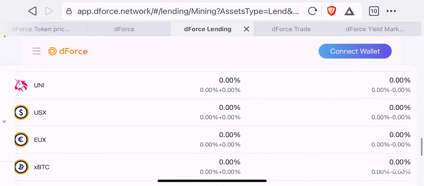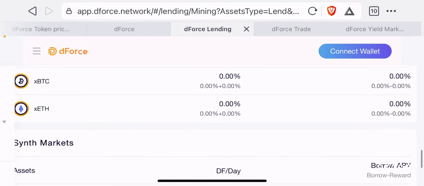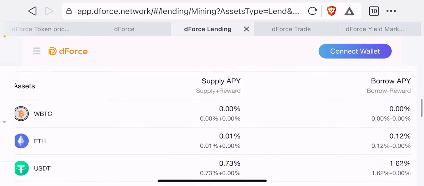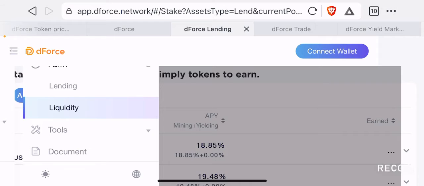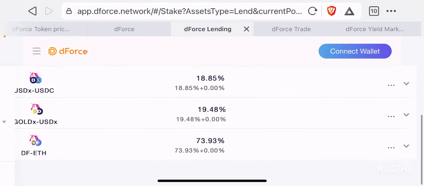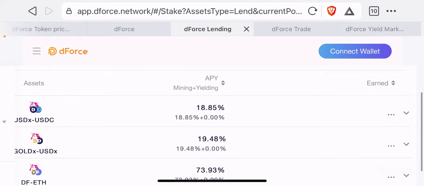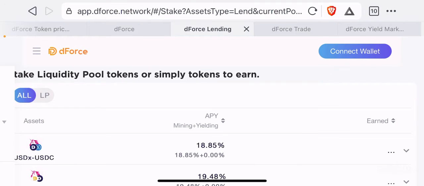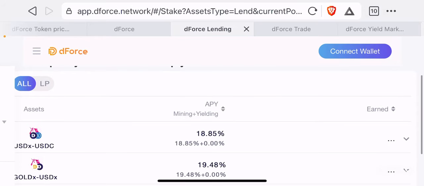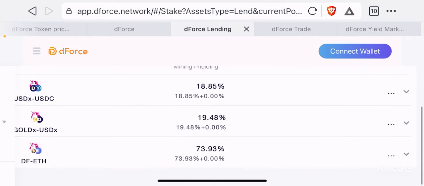I don't really think you should store a large volume of crypto here because you have a lot of other options which can offer you some really good rates. By earning these small insignificant rates, you're basically losing out on a lot of potential, right? But if you go to their farms or liquidity, you can see that by providing liquidity on their platform, you'll be able to earn some decent APYs.